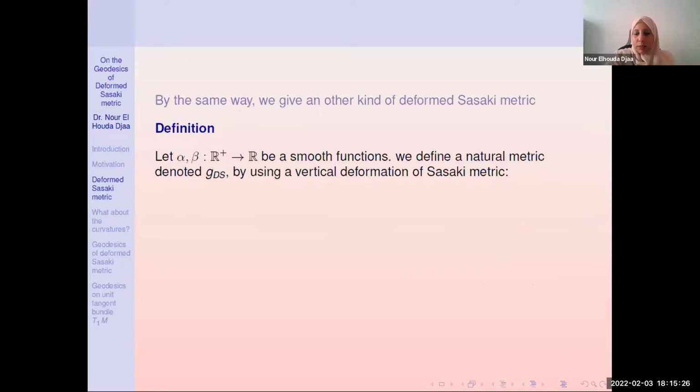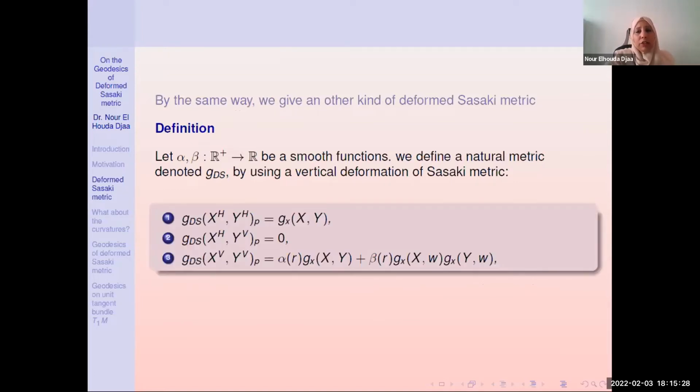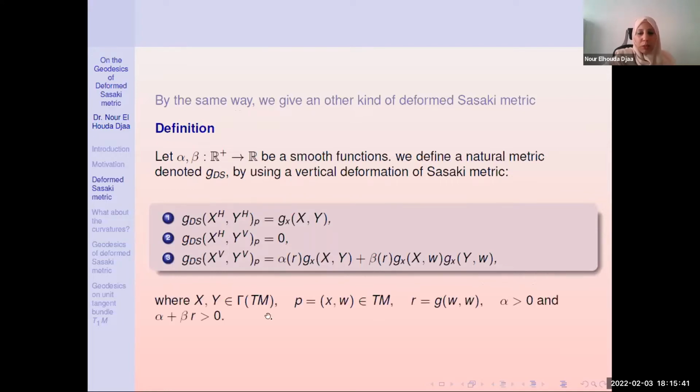Well, in the same way, we give another vertical deformation of Sasaki metric by using alpha(r) right here and beta(r) right here, where alpha and beta are smooth positive functions. We have this condition: alpha plus beta r positive. This condition is very necessary for g_DS to be positive definite.